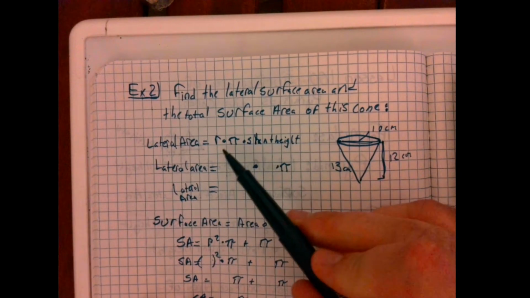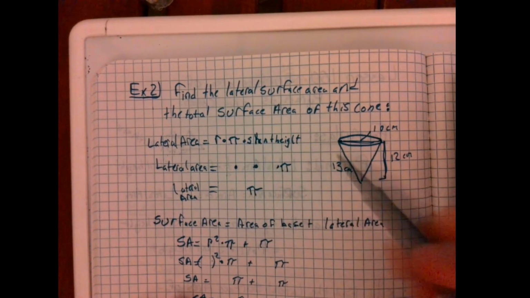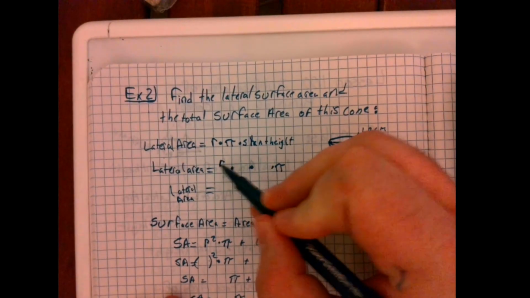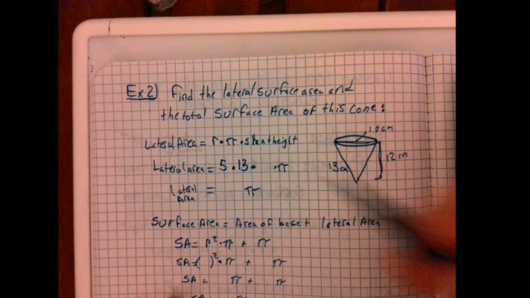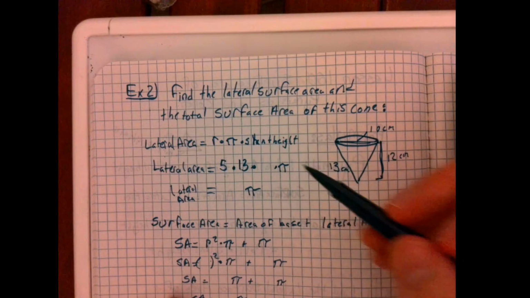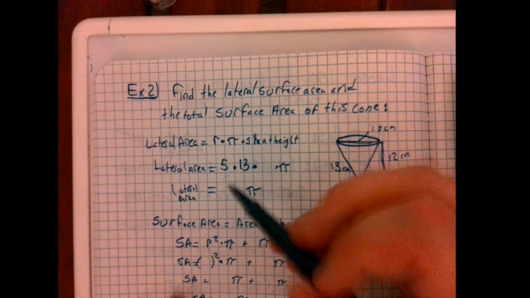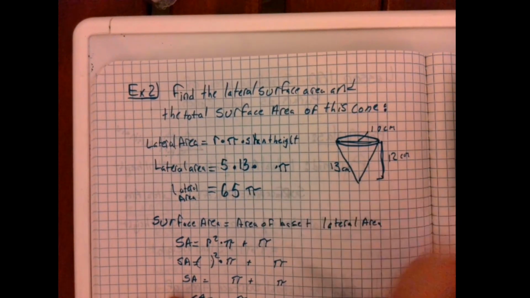Now, to find the lateral area, we're going to use the formula r times pi times the slant height. The radius of a circle with diameter 10 is 5. The slant height is 13. So we're going to have 5 times 13 times pi. Now 5 times 13 is 65, or 65 pi.